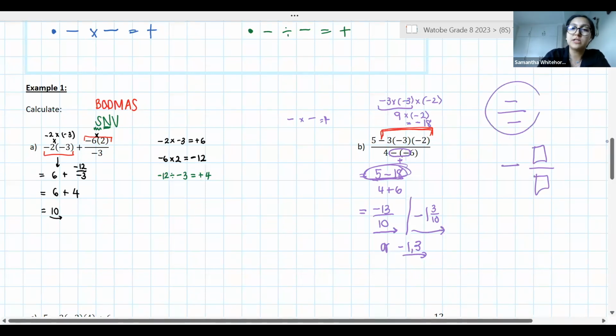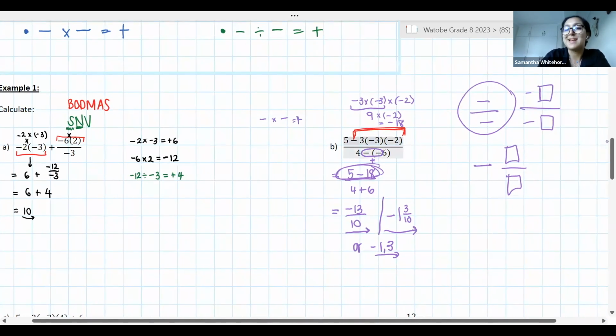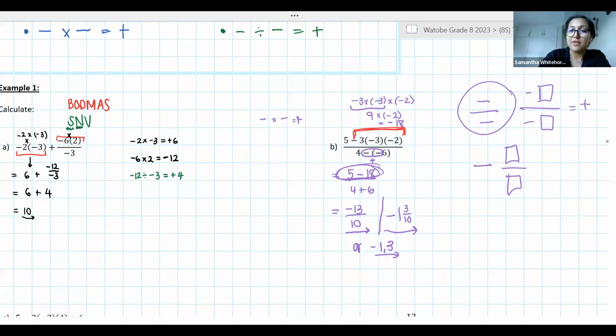Okay, so in the first example, if you've got a negative number divided by a negative number, this goes back to our rules where a negative divided by a negative is actually a positive. However, when there is just one single negative in front of the fraction, that means the whole fraction is negative.